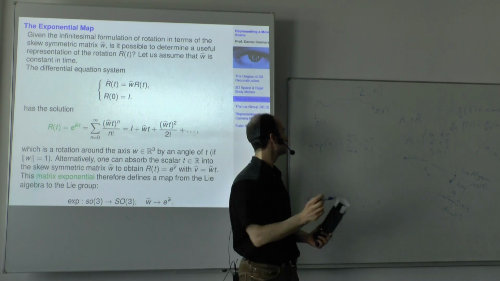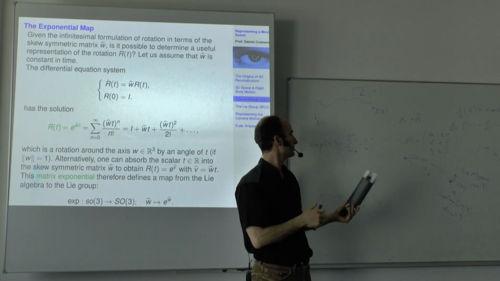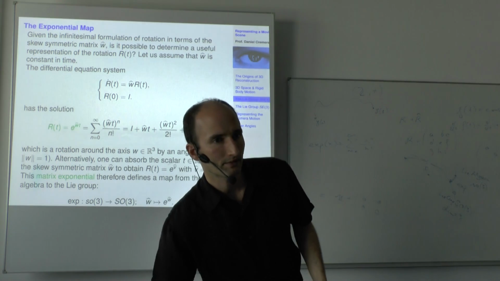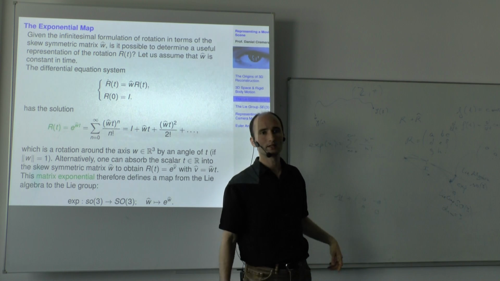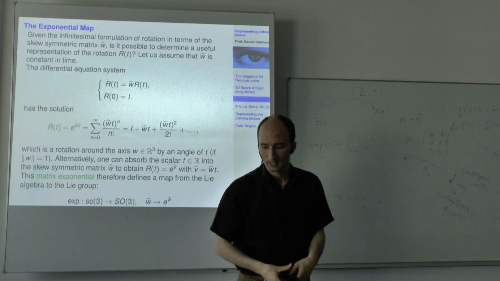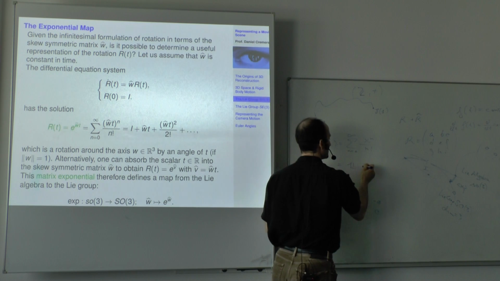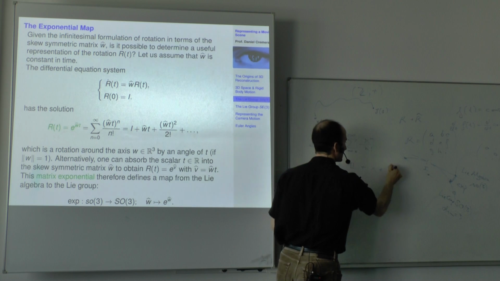That's the definition of the exponential map. And of course, you can do that for matrices as well. Powers of matrices, if they're square matrices, you can do exponentiation easily. So this is, if you write it out, the unit matrix plus x plus x squared over 2 plus etc.